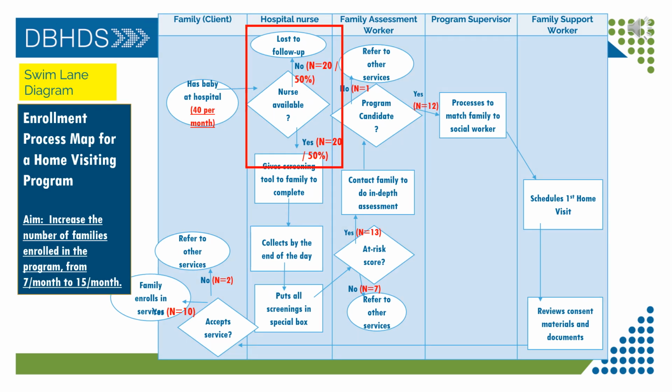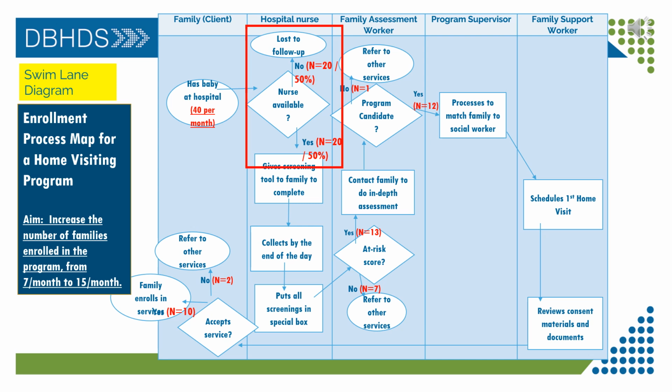For this particular example, they also were able to add some data to a lot of the steps. One area I want to point out to you is once the family has the baby at the hospital, the next step is whether a nurse is available, yes or no. If the nurse is available, the process continues.